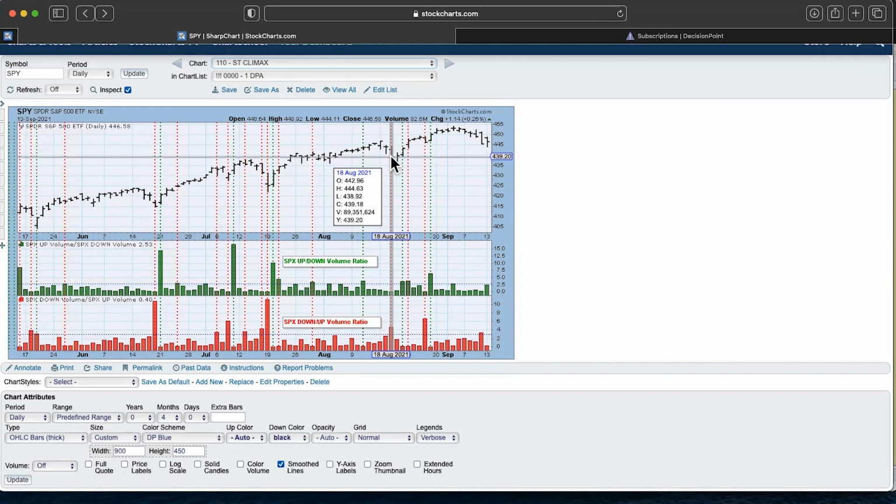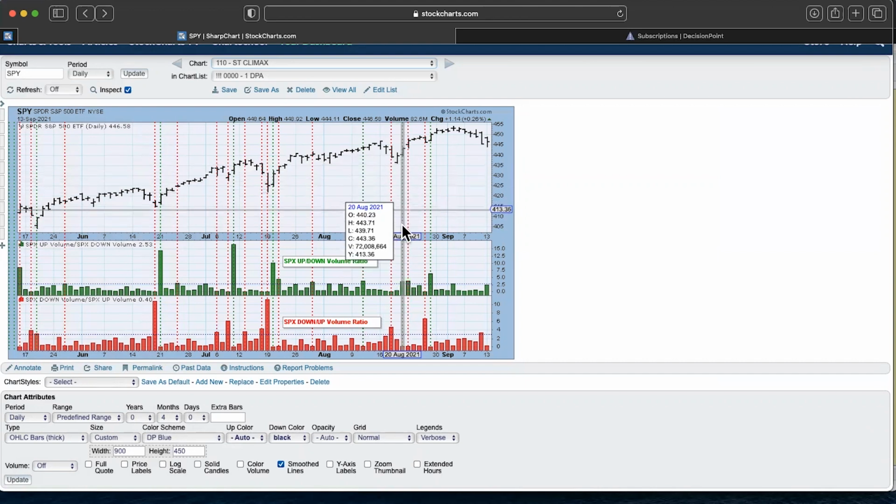This is going to be a downside exhaustion climax. We had 2 days of decline here, if you count that day. So that would give us the signal that more than likely this move is going to be exhausted and we're going to see higher prices follow. And sure enough, that's exactly what we got.